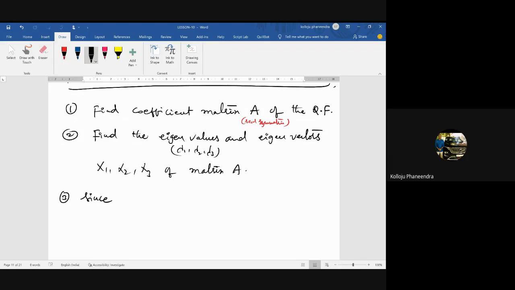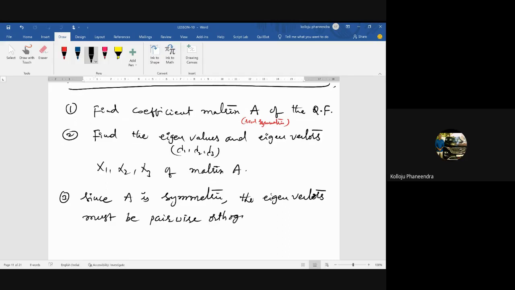Third step, since A is symmetric, the eigenvectors must be pairwise orthogonal. This is very important. You have to check pairwise orthogonal: x1, x2 transpose, x1, x3 transpose, and x2, x3 transpose equal to 0.